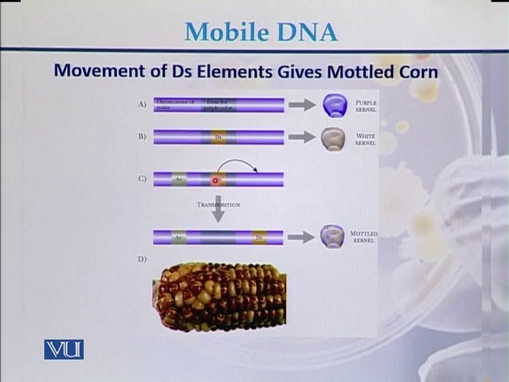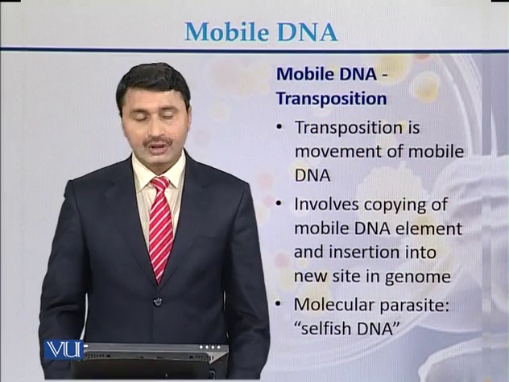While if the dissociation elements move from one location to another, it gives the kernel color as mottled. So this is how the mottled color maize looks. This mottled colored maize appears due to the movement of the dissociation elements from one place to another place in the genome of the corn.